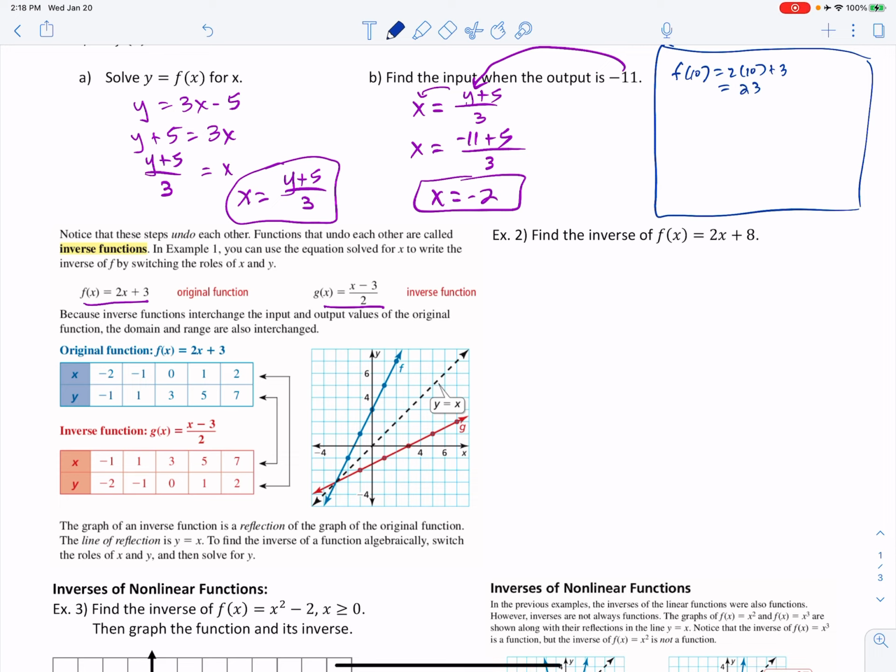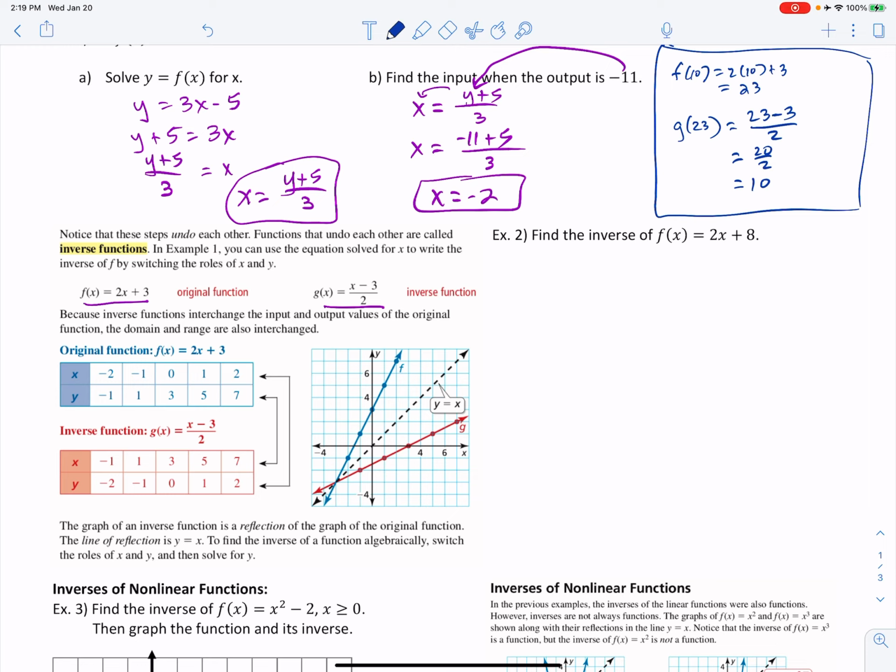And if I then take that result and put it into what we say is the inverse function, it should undo what I did. So what does that look like? You get 20 over 2, which is 10. So g of x undid what f of x did, and I'm back to where I started, which is 10.